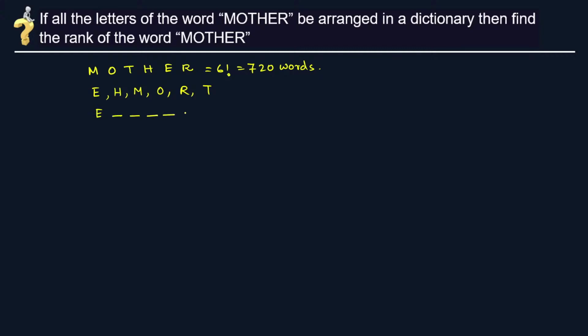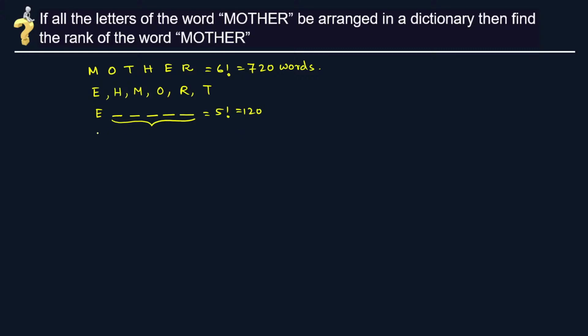First you place E, and then all the remaining 5 places can be arranged in factorial 5 different ways. That is 120 words. So all these 120 words start with E, so they are placed first in the dictionary.